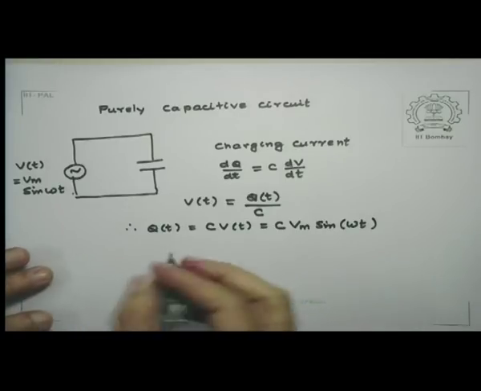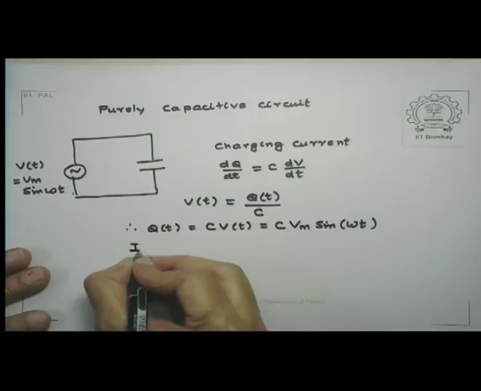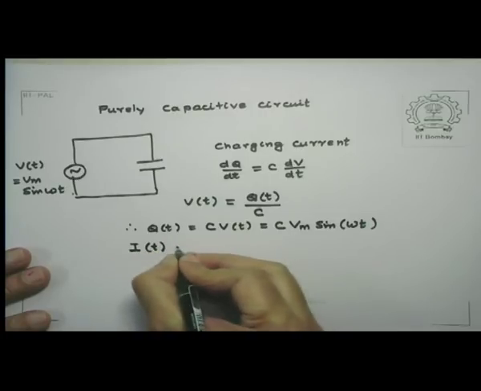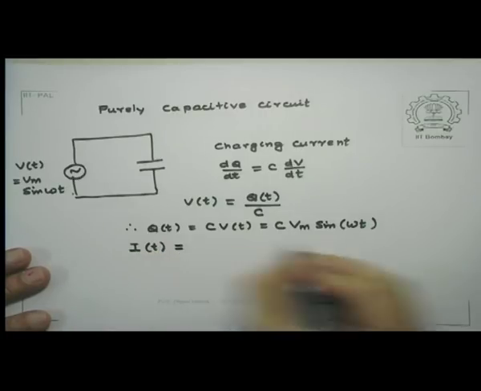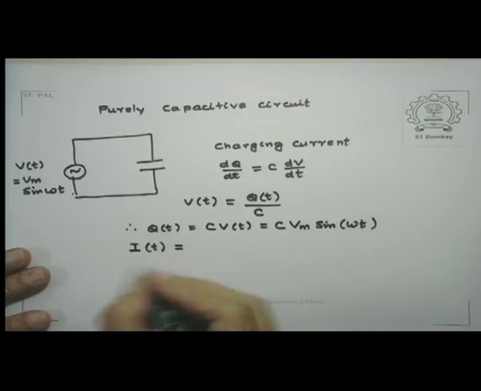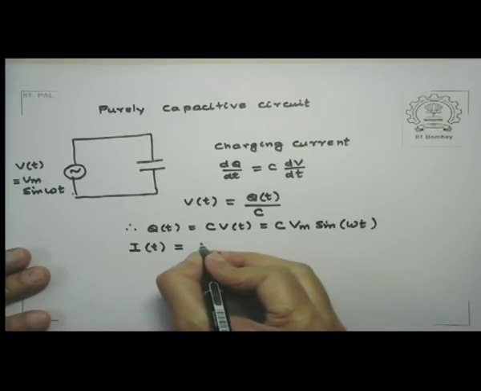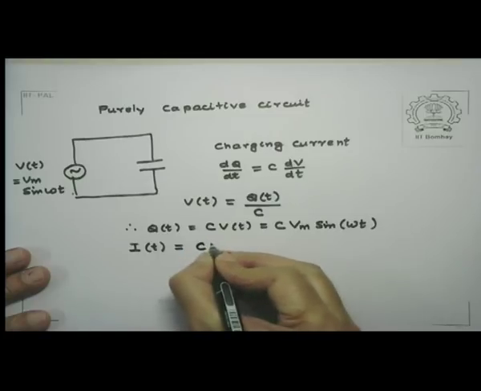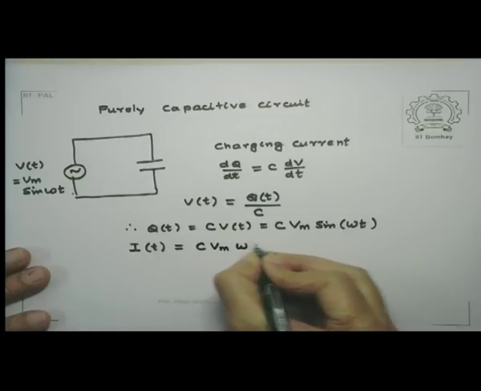And then my charging current i of t would be, I need to differentiate this because dq by dt, so it is C Vm omega cos omega t.